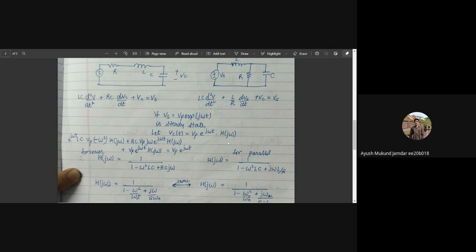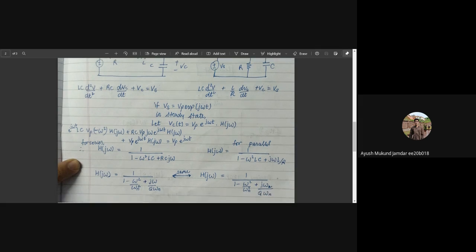H of j omega being our transfer function, and on putting the equation back into the differential equation, we get the value for H of j omega, which turns out to be 1 by 1 minus omega squared LC plus RC j omega for the series case, and the corresponding value for the parallel case.